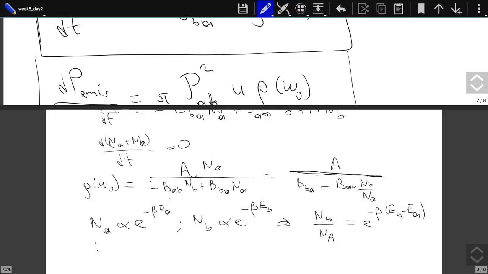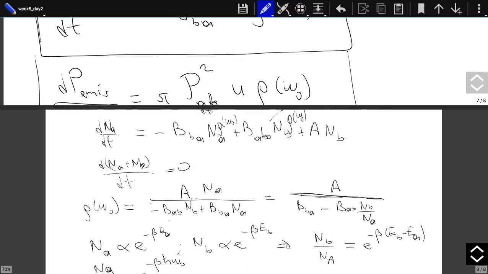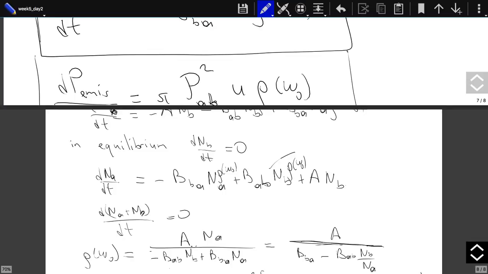which is N_B over N_A is equal to e to the power minus beta h bar omega_0. Okay, so I'm setting this one equal to 0. In the numerator there should be N_B instead of N_A.